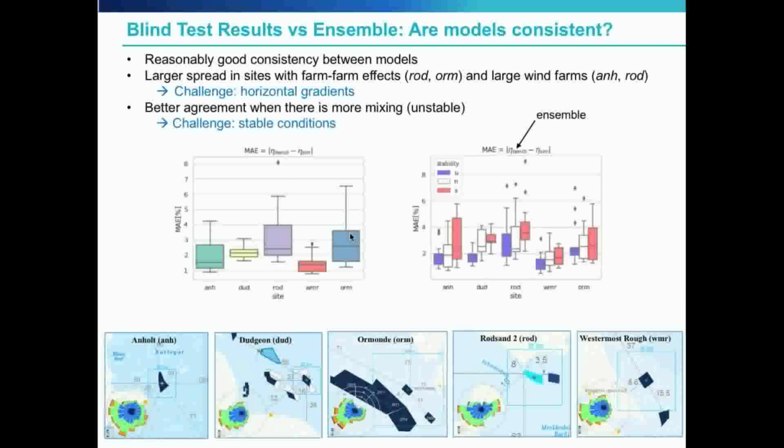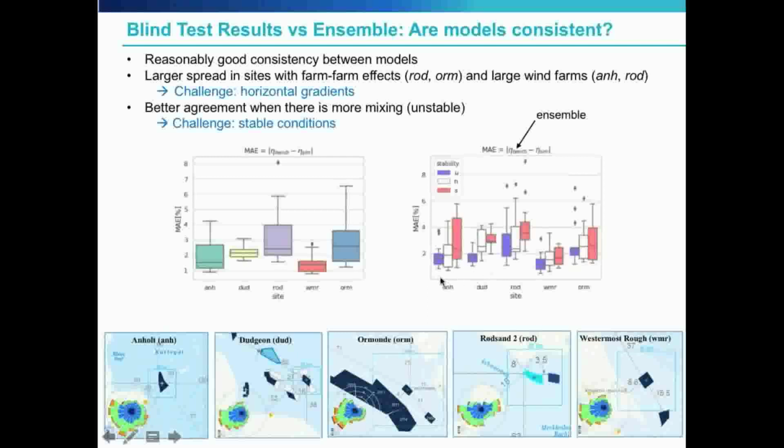So we ran a blind test first, just to see whether the models would agree with each other and where we find the least agreement. Here we are not using the validation data yet. We just use the ensemble as a benchmark to compare the individual simulations. We could see that the models have a good agreement; the absolute error is below 3%.